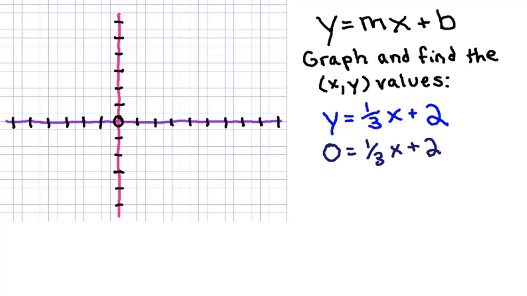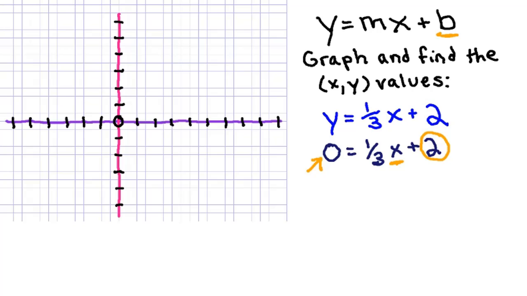Then we would have 0 as a y coordinate, and we would have the x-intercept, which is where the line crosses the x-axis, just like the y-intercept is where the line crosses the y-axis. If we plug in 0 for the y, that's going to give us the x-intercept. So let's do that.